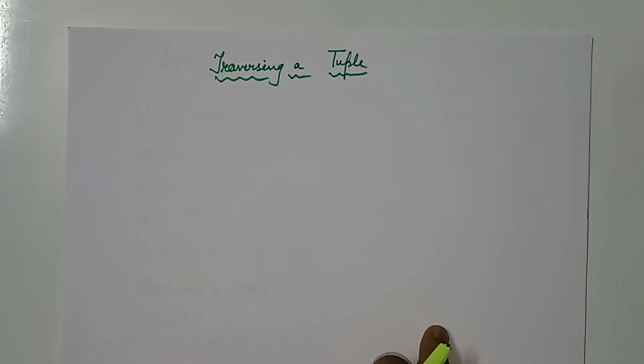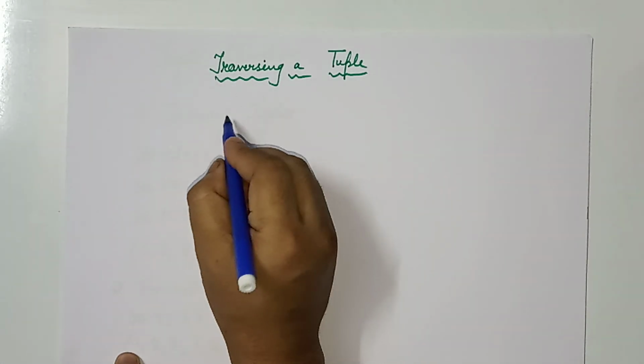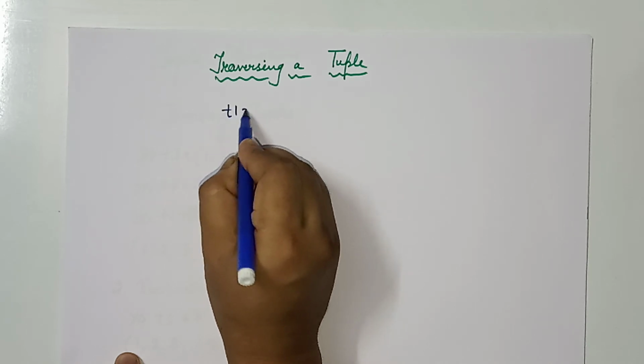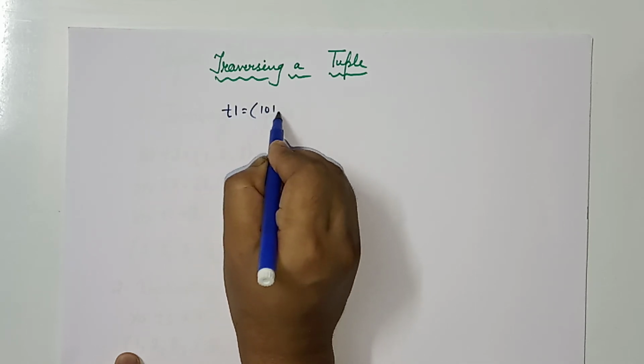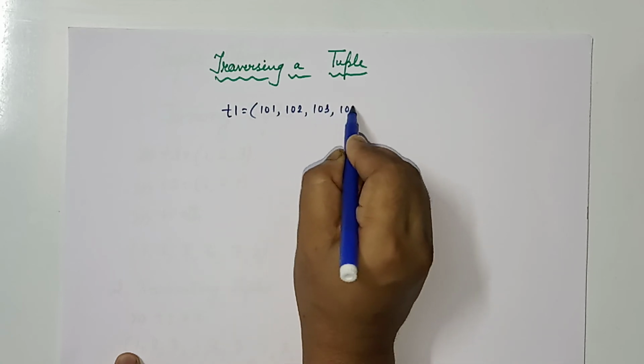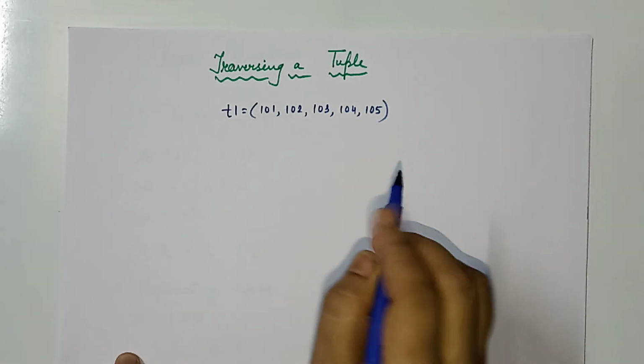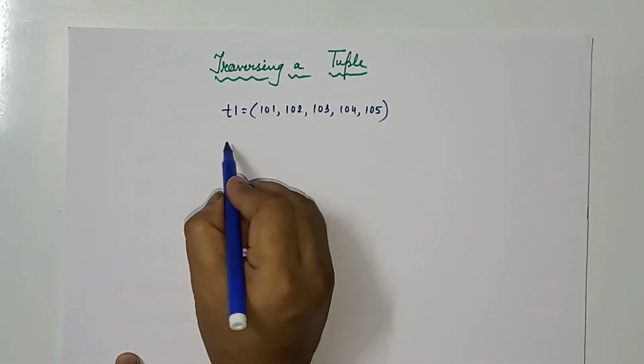Now let's see traversing a tuple. Let's say we have taken a tuple T1, values are 101, 102, 103, 104 and 105. So we want to traverse it. Let's take a for loop.